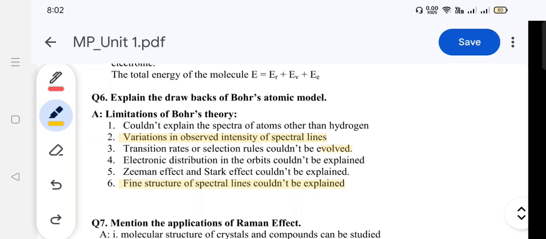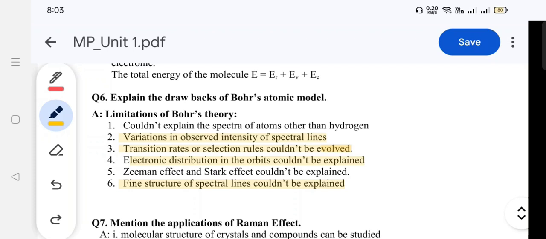Also, how the electron transits between different orbits, the transition rates or selection rules, are not explained by Bohr's model. We know that different electrons occupy different shells. How this electronic distribution is arranged inside the orbits is not explained by Bohr's model.